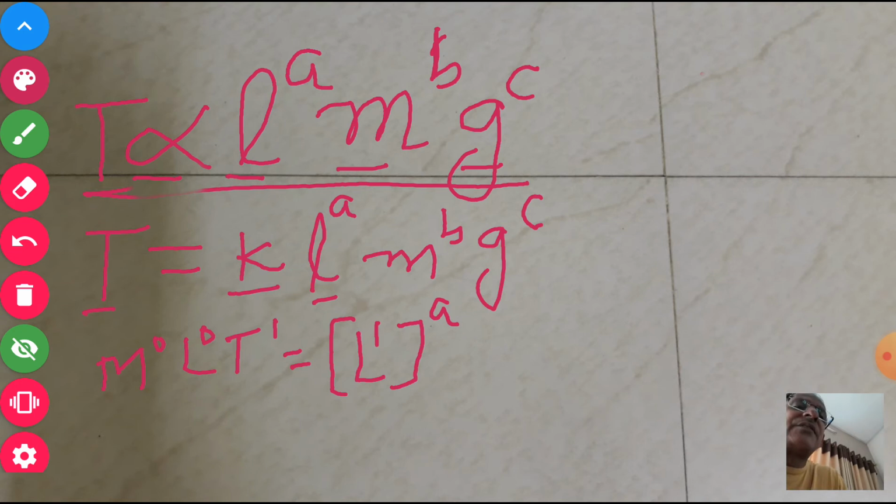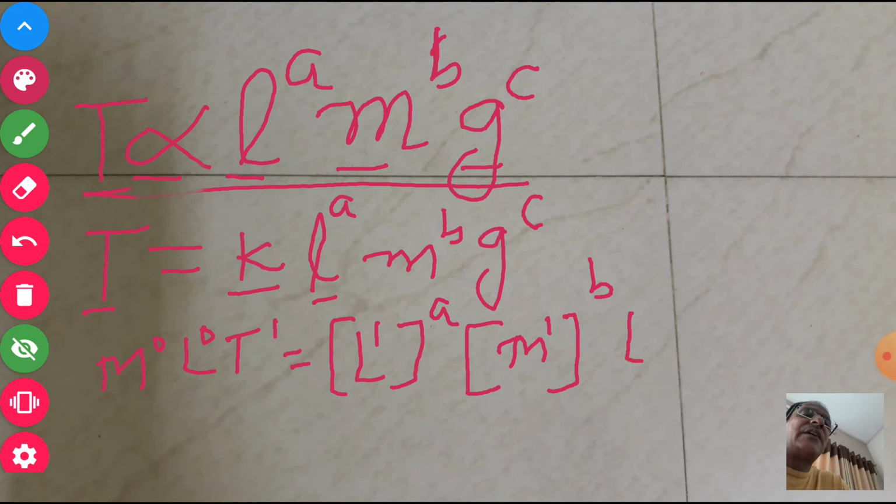Similarly, mass has the dimension M^1 raised to b, measured in kg, so it has only one dimension. Then gravitational acceleration is L^1 T^-2 raised to c. This much you understood.